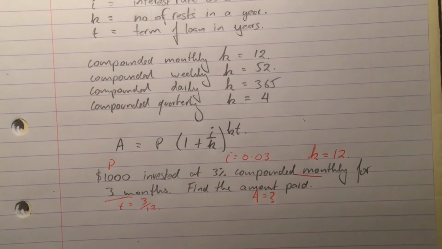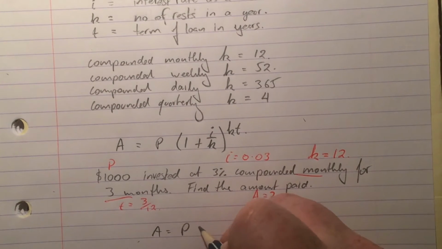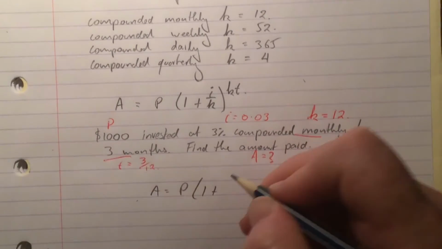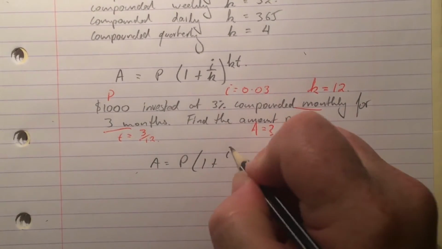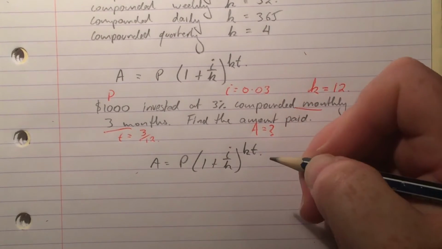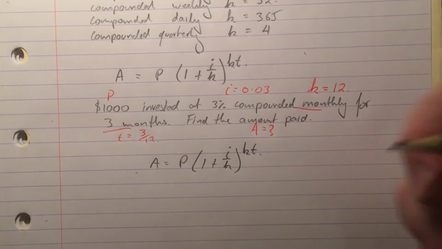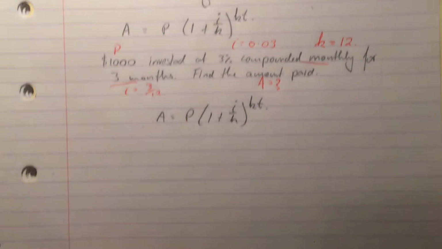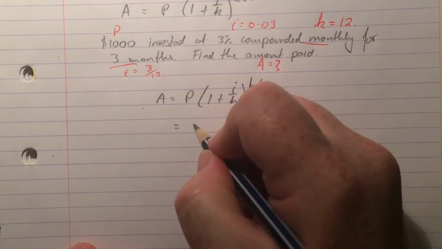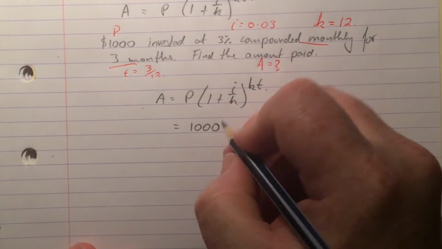Now that we've identified each of the variables, it's a simple matter of writing the compound interest formula and then substituting into that formula the values that we have. So start with $1,000.